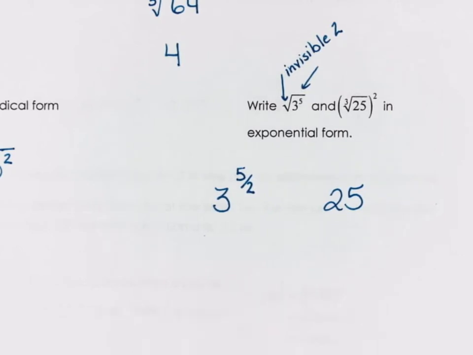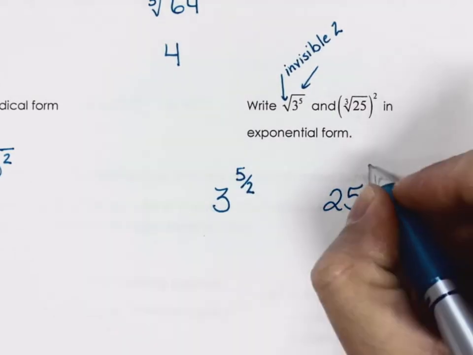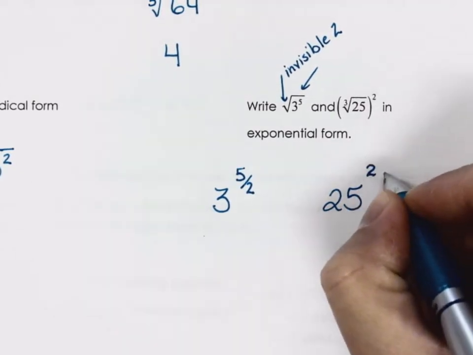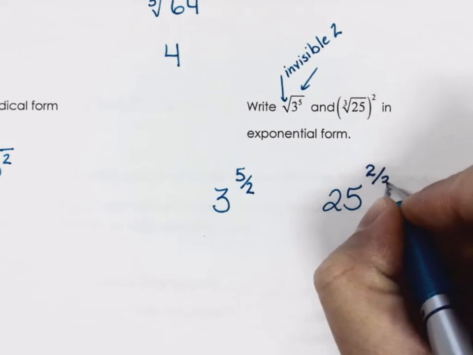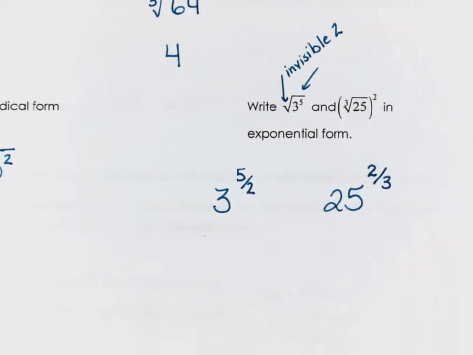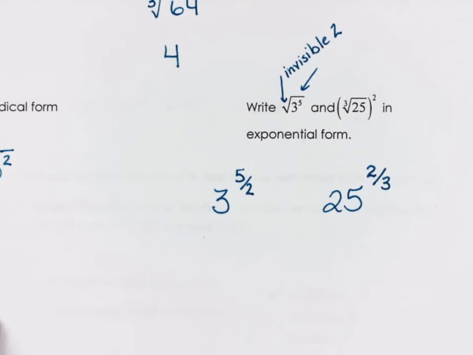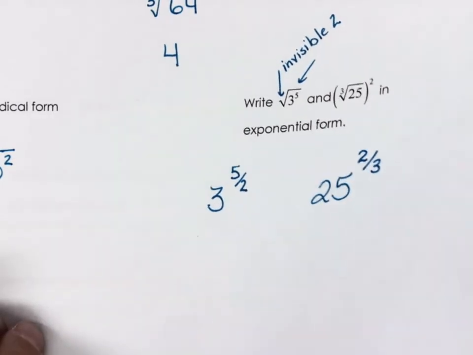So our exponent is 2/3, right? It has an exponent of 2 and a root of 3. Pretty straightforward. We did this yesterday, so now we're just adding more information to it.